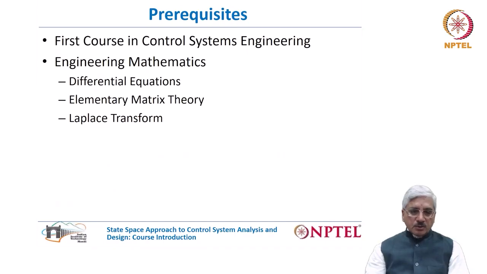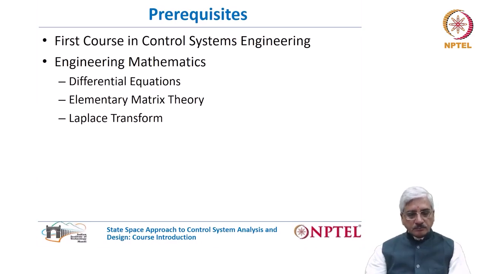The prerequisite to this course: if you have undergone a first course in control systems engineering, that will be very useful. However, in case you have not done it, you may still go through this course, because most of the time I will try to cover it so as to remain independent of the basic course. I will try to avoid reference to the basic course in control system engineering.